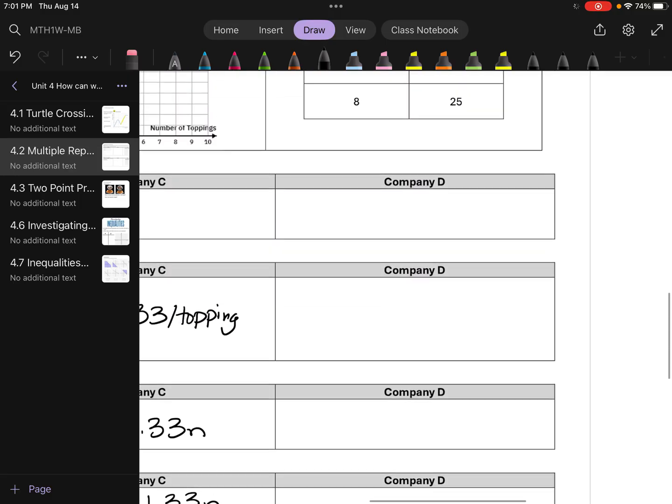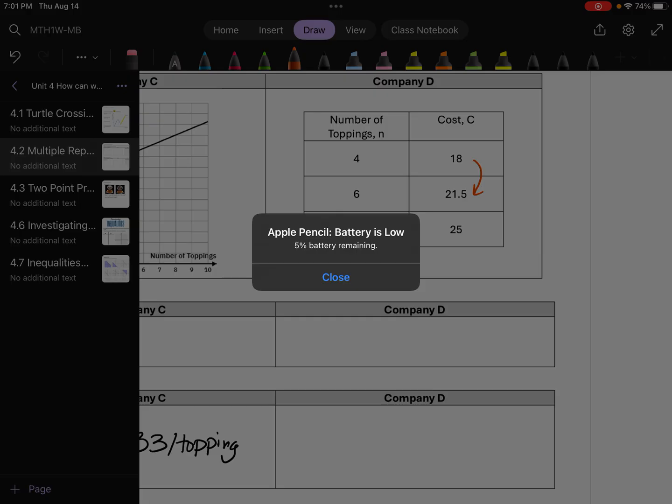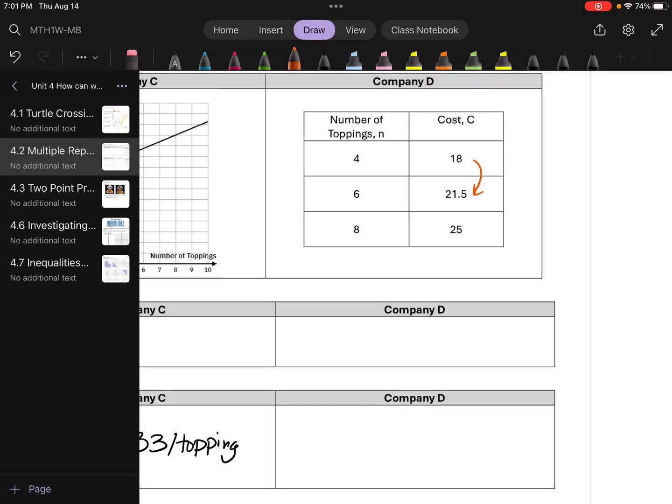All right, and our last one, we're given a table of values. So if you haven't already figured out the initial value and the rate of change, I want you to press pause, try to figure those out, and then come back. Okay, so we have looked at this before, so I'm going to find the difference. What do I need to add to 18 to get to 21.5?